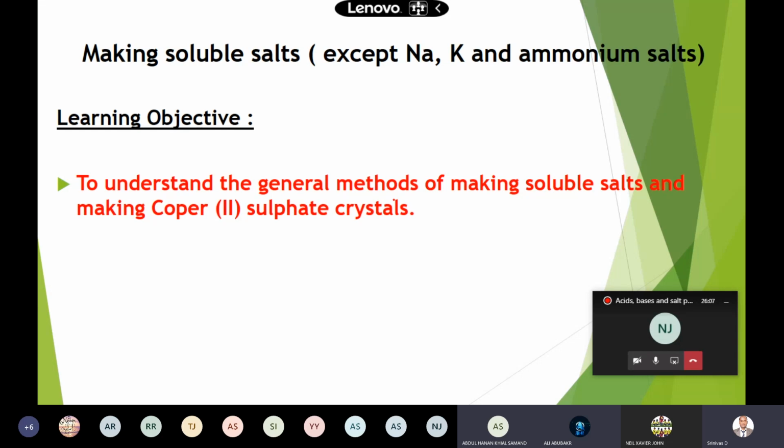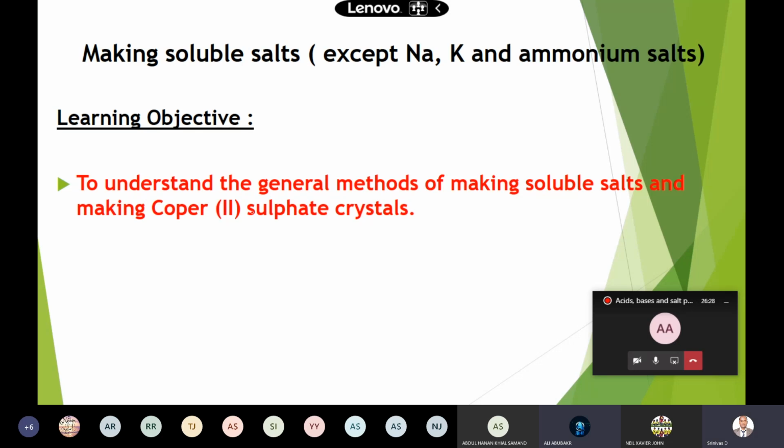Okay, sir. I want to take a screenshot. So can you read this objective, Ali? Learning objective: to understand the general methods of making soluble salts and making copper(II) sulfate crystals.